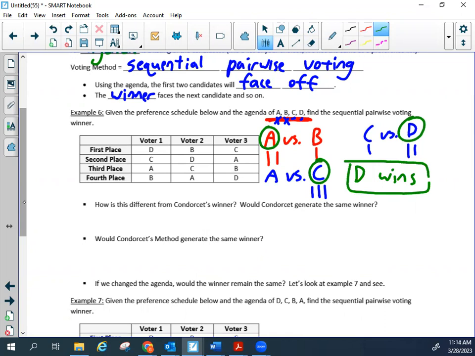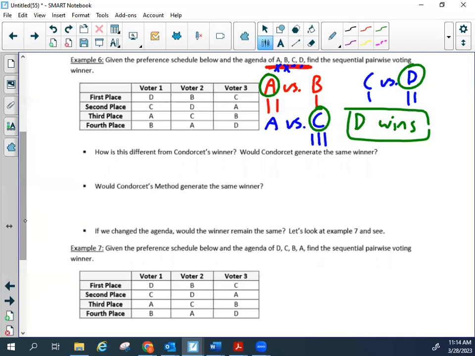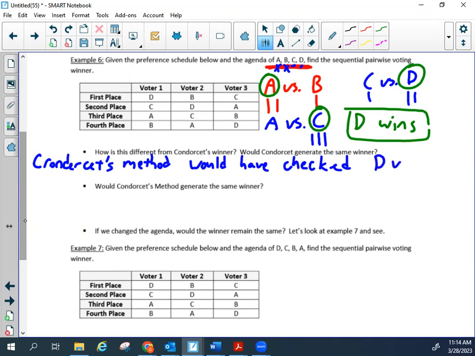How is this different from Condorcet's winner? In Condorcet's method, we would have checked D versus A, and D versus B. Because remember, in Condorcet's method, one candidate has to beat every other candidate.